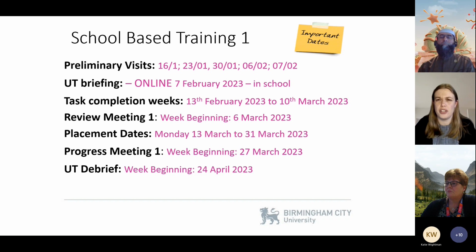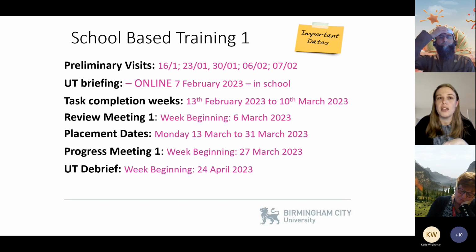But what they're doing on those dates, there are slight differences. So they have slightly fewer days that we're classing as preliminary visits to do their preparation. They have their UT briefing on the 7th of February. And then for the first few weeks, rather than teaching, they've got specific tasks that they will be completing.